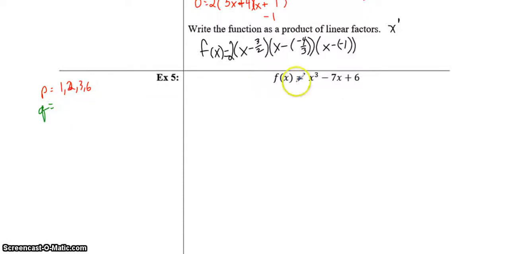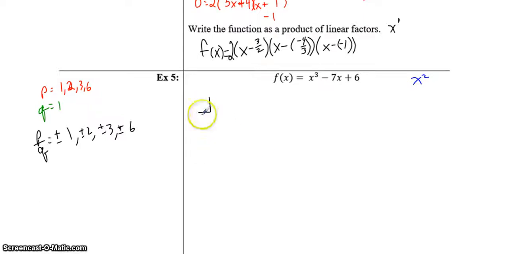Q's, that's nice, it's only 1. So our choices will be plus or minus 1, 2, 3, and 6. Again, to get to a quadratic, to get to an x squared, we only have to get 1 factor out.